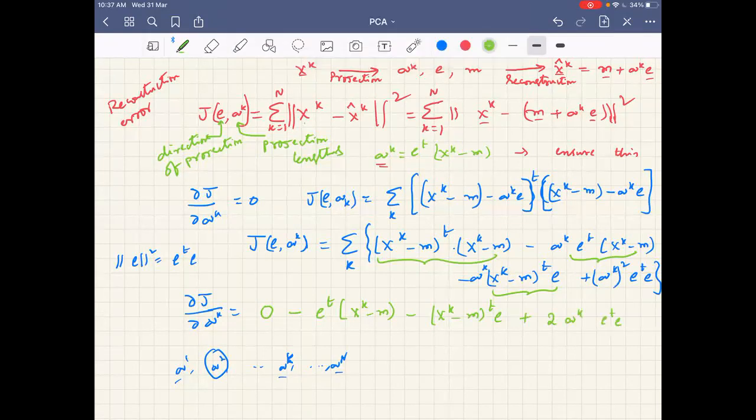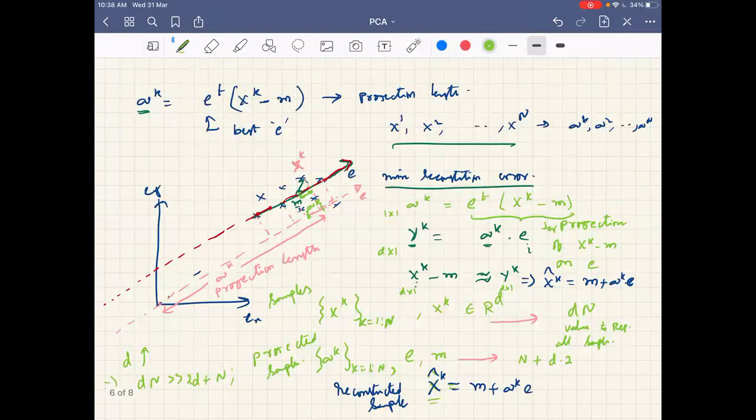Okay, see here, E is only the direction of projection. I'm interested only in the direction of projection. I don't need the scale. I am only interested in the direction. So what is the optimal way of representing E?